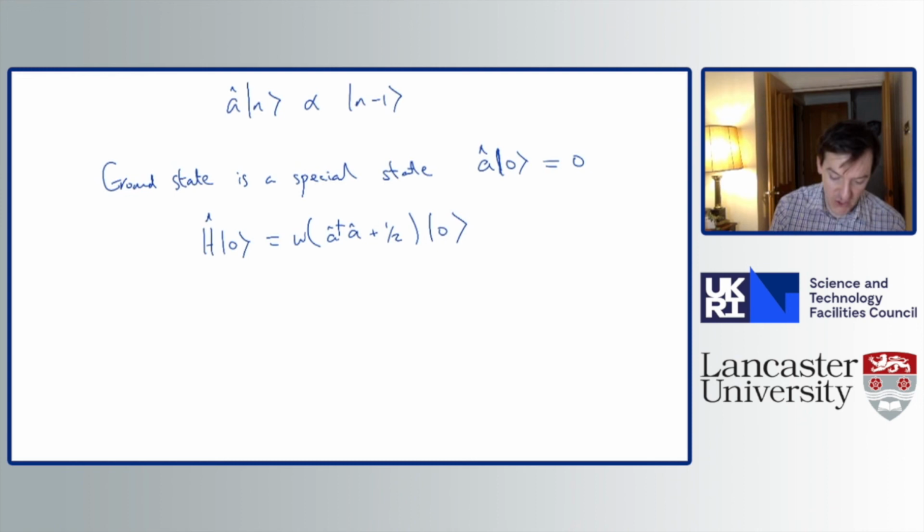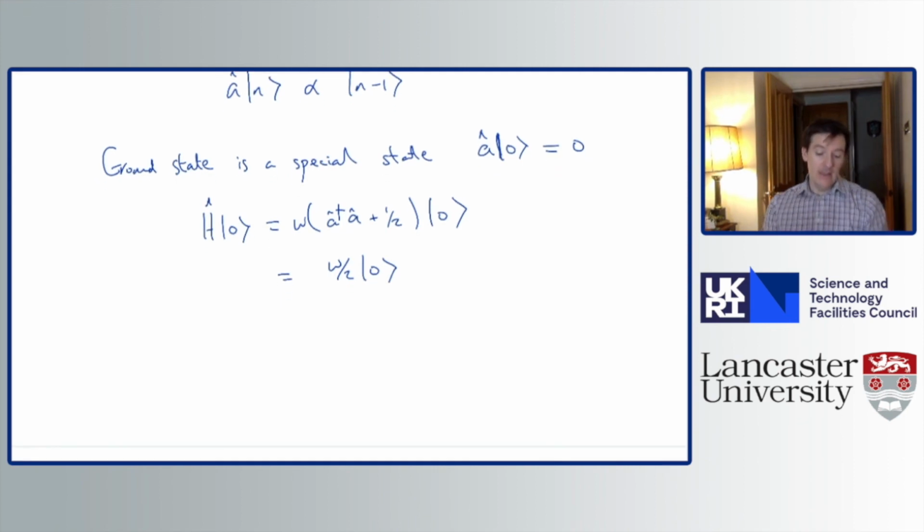Because by definition A on 0 is 0, this first term gives 0, and I'm simply left with omega over 2 on 0. So there's this finite energy associated with the ground state, the so-called ground state energy, which is omega over 2, or zero-point energy. We can't have any states that have a lower energy than the ground state.